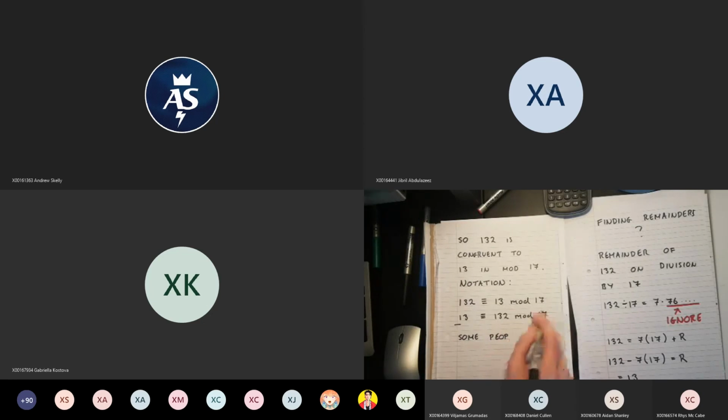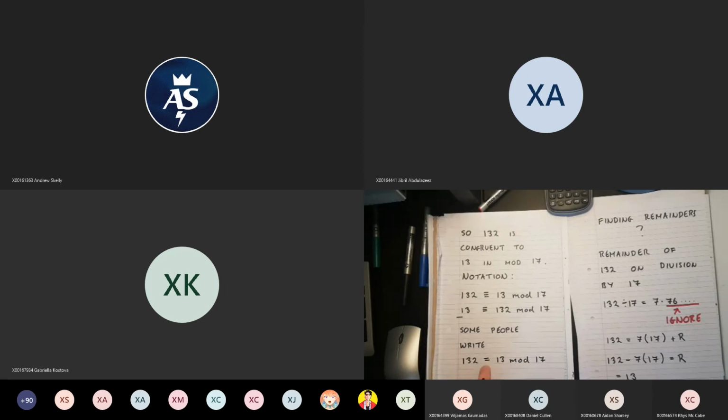Yes, whatever I'm dividing by is the mod. Some people write, for example, 132 is equal to 13 in mod 17, where they only use 2 bars on the equal sign.